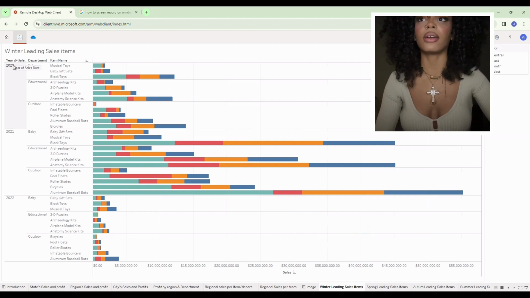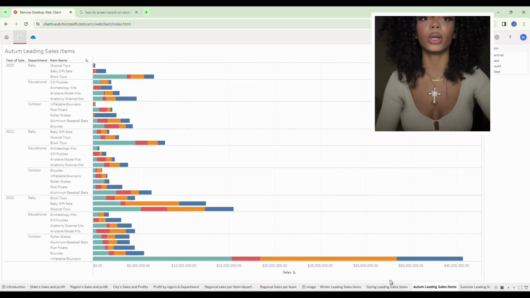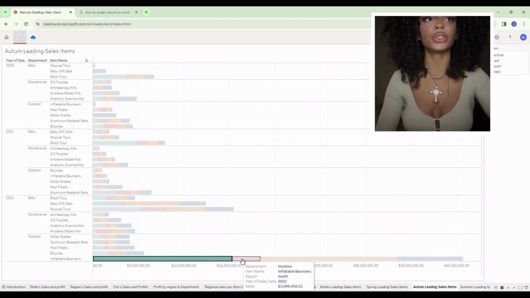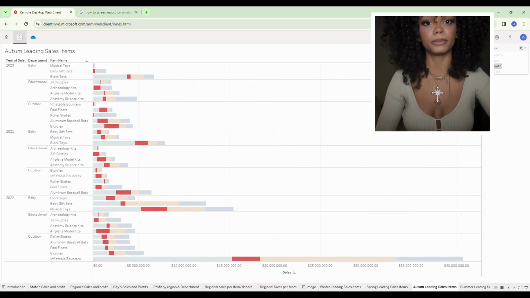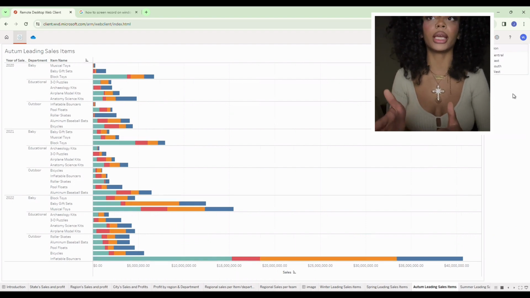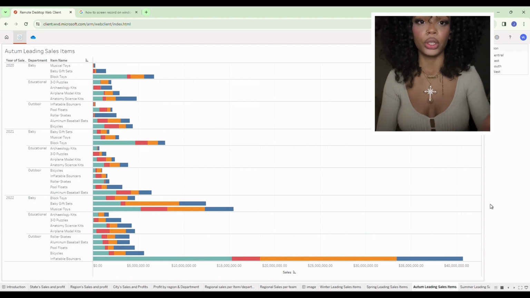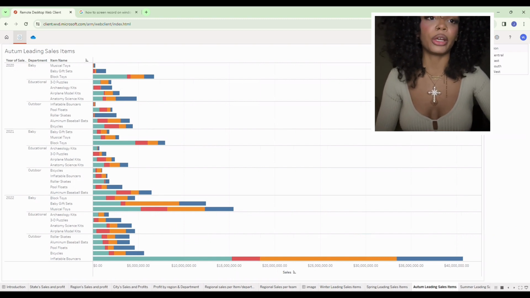And then we have the same for the spring sales items, autumn sales items, so you can click through these and just figure out which ones are performing at what levels. And then also, as you can see from this side, we do have the regional chart, so it is also divided by region, so you can also see how well each region is performing in department, item, and during the time of the year. So this is very, very helpful.